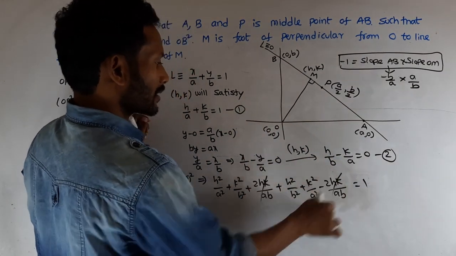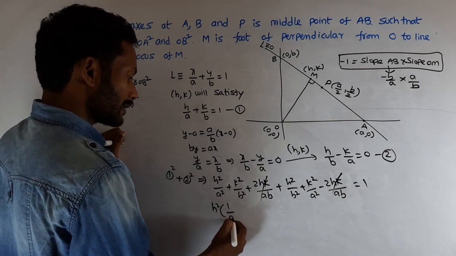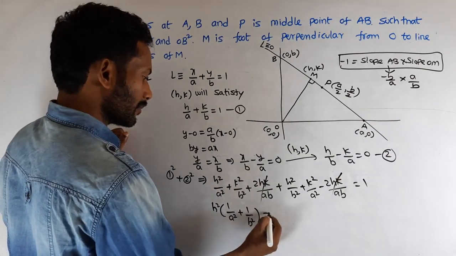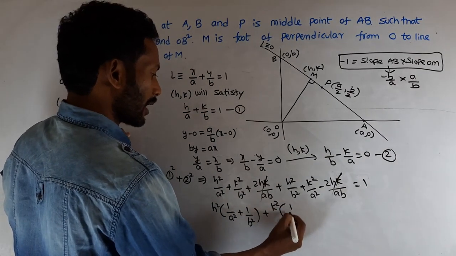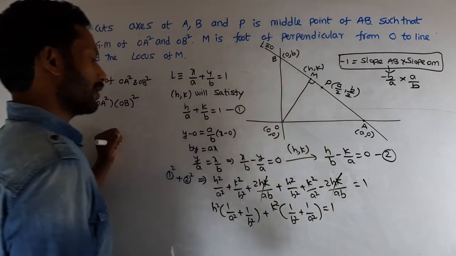So these two cancel out. Now bring h square outside, 1 by a square plus 1 by b square, and k square outside, 1 by b square plus 1 by a square, equal to 1.